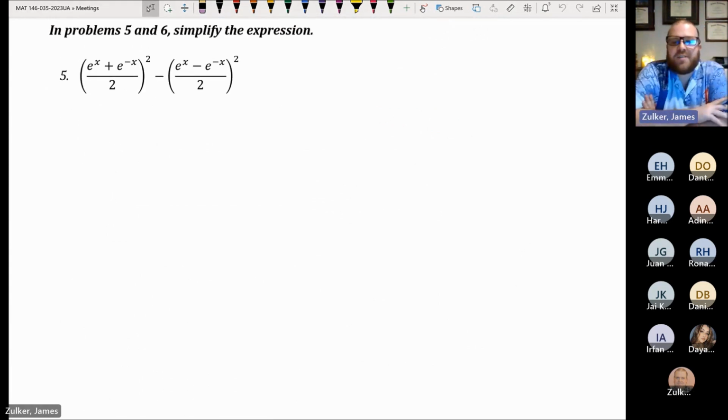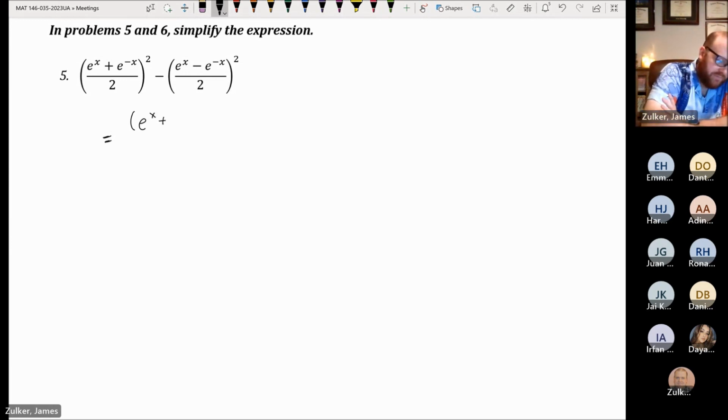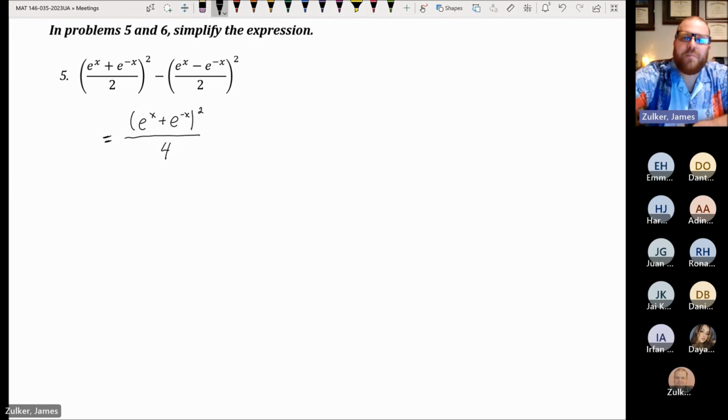So let's simplify some expressions that involve exponential functions. And so remember, with exponents, raise a fraction to an exponent. That exponent is distributed to both the numerator and the denominator, right?